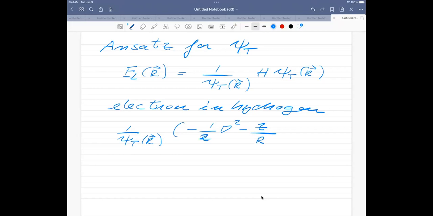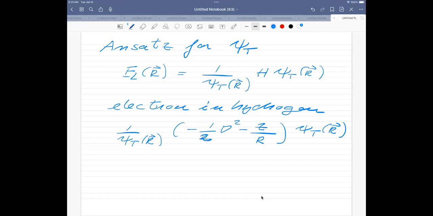So this is a number 2, actually, times psi_T. This r is just the distance between the electron and the atomic nucleus. And this is a scalar, r. When you don't see the vector sign, it is a scalar.